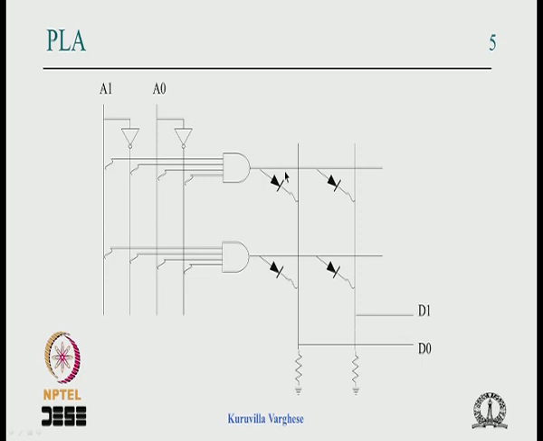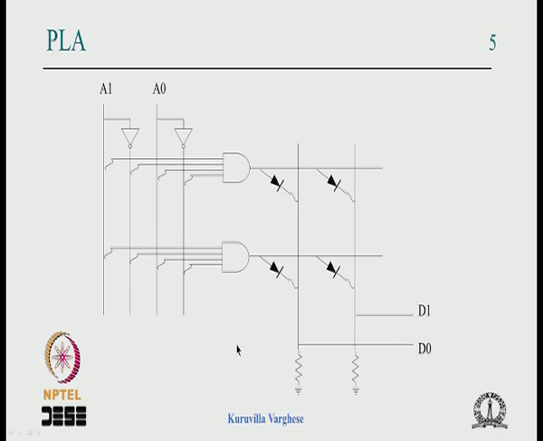There is no need to program this. Assume there are 4 AND gates, and if somehow you make the output of 2 of these AND gates 0, then there is no need for this programmable OR section. We can fix the connection, and that will reduce all the programming overhead.